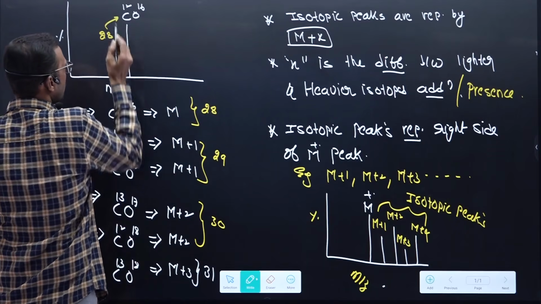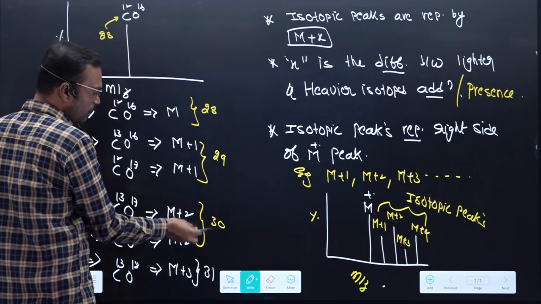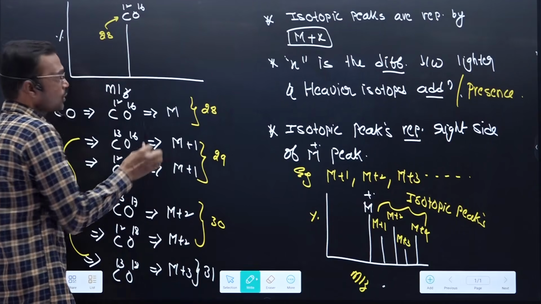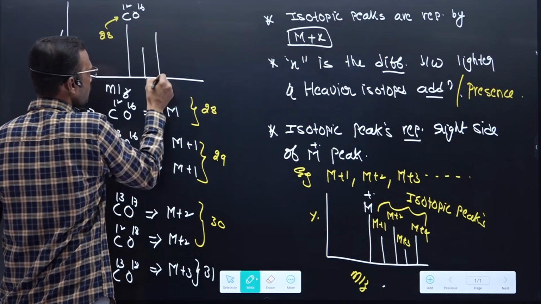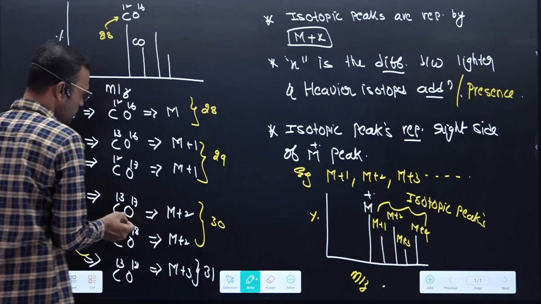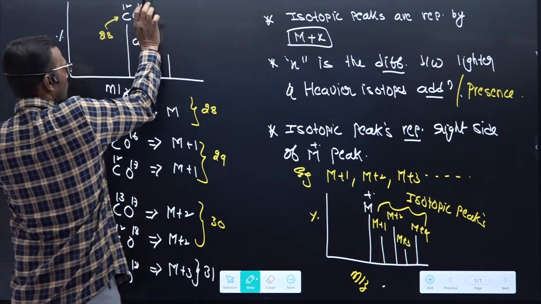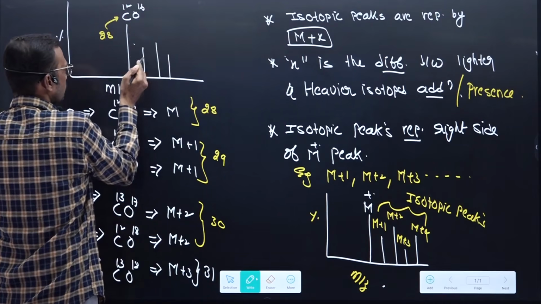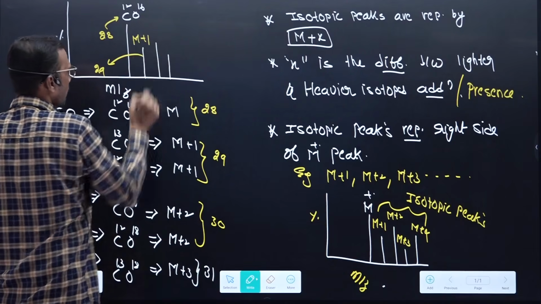Now M plus 1 is 28 plus 1, M plus 2 is 28 plus 2, M plus 3 is 28 plus 3. So I can write three different peaks with different abundances. For CO, three possibilities we can write: C13 O16, C12 O17. This is the 29 peak, roughly. This is called the M plus 1 peak.